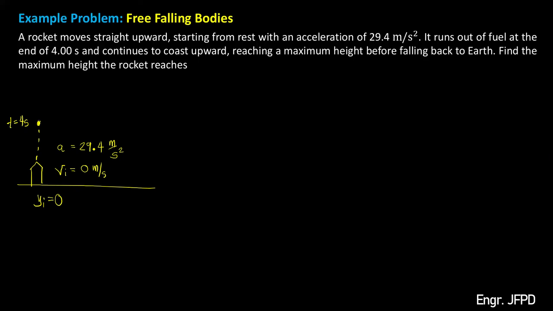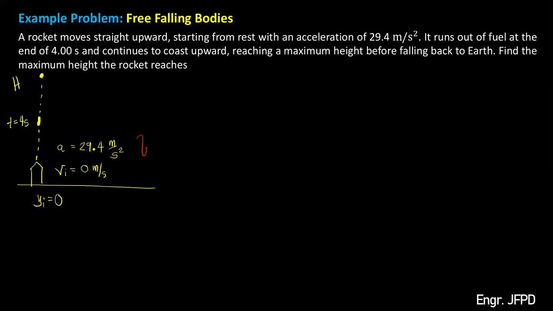Let's say that after a time of 4 seconds, the rocket will still continue to move upwards, and after reaching this maximum height, let's say the maximum height is h, it will now fall back to the earth. For this problem, to solve for this maximum height h, we can divide it into two parts.